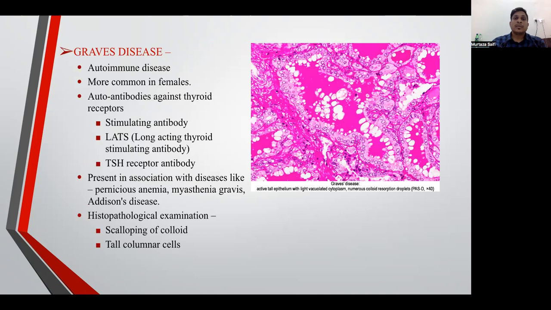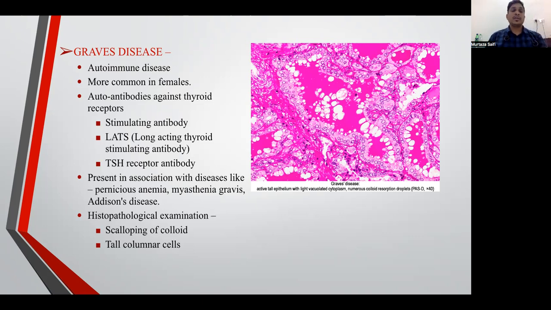Now here is the picture shown of Graves' disease. The active tall epithelium with light ruffled cytoplasm, numerous colloid resorption droplets are there. Graves' disease is an autoimmune disease, more common in females. Autoantibodies against thyroid receptors.